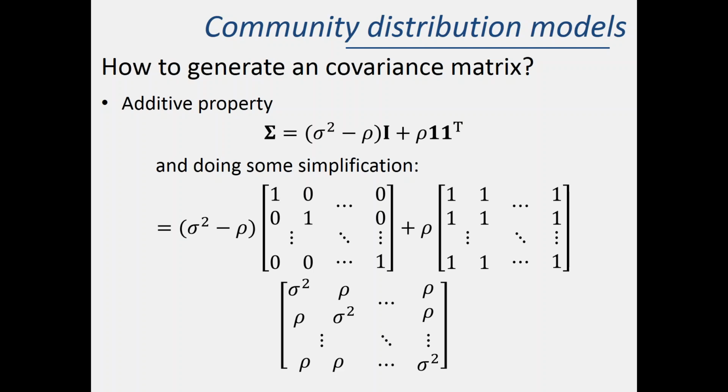And if you do the math on this, you can just see that you get the lower matrix down here. I forget why I did it that way. But I guess this is another example of why the additive property matters or is useful.